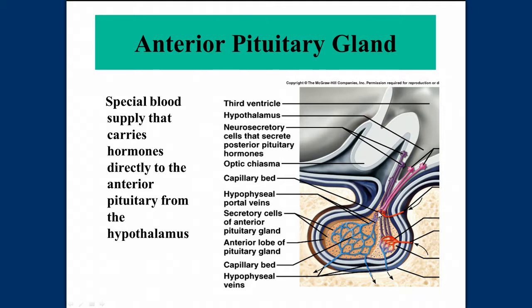Okay, so the way the anterior pituitary gland works is by stimulating hormones that are produced in the hypothalamus. Okay.